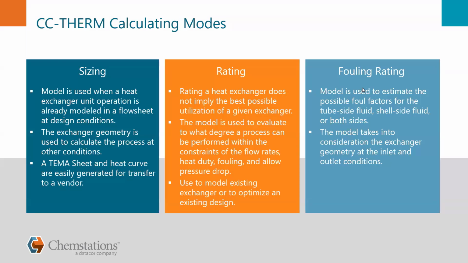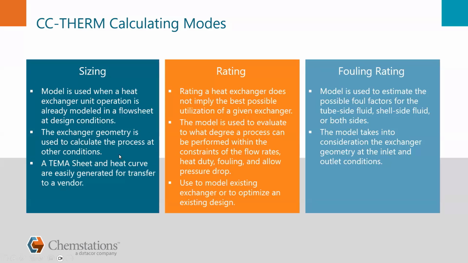How can it help us? Well, it offers us sizing, so based on the data that we have in our plant, or the data given to us on our fluids, temperature and operating conditions, we can size a heat exchanger. So we can have an estimate of what the area can be.